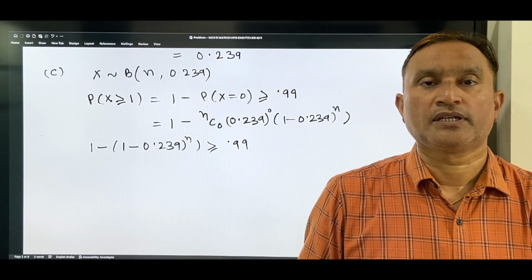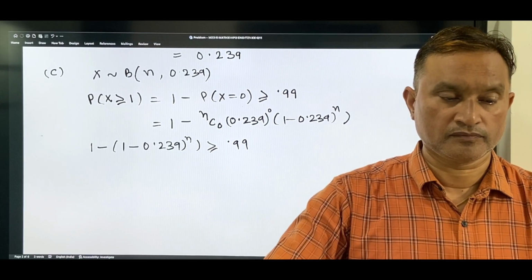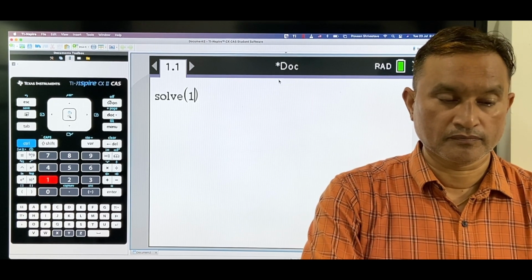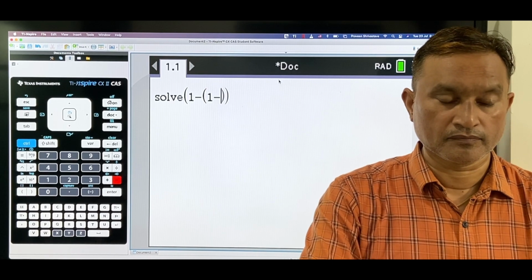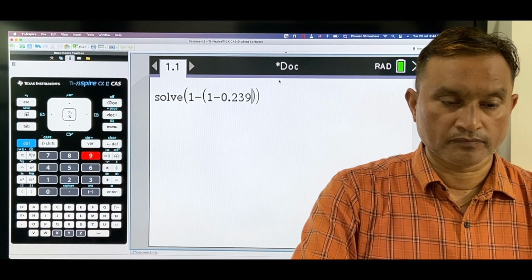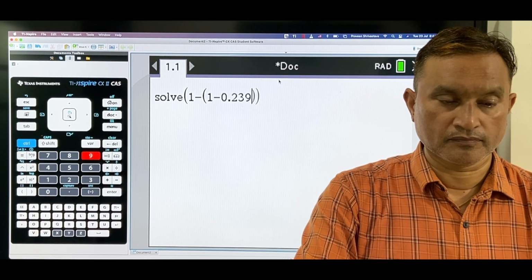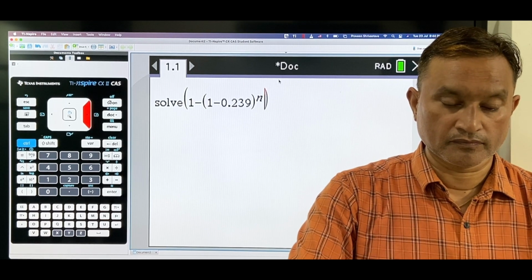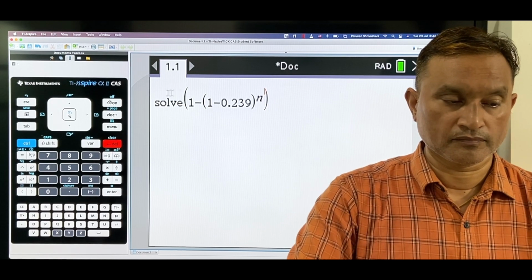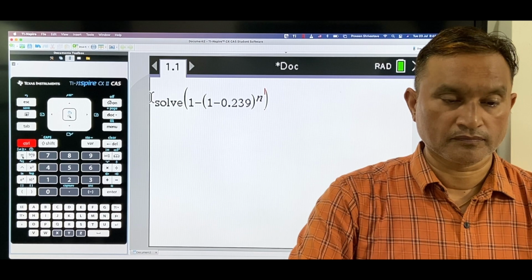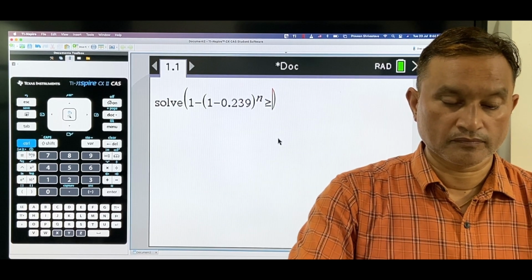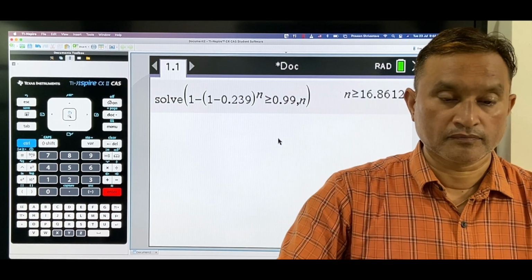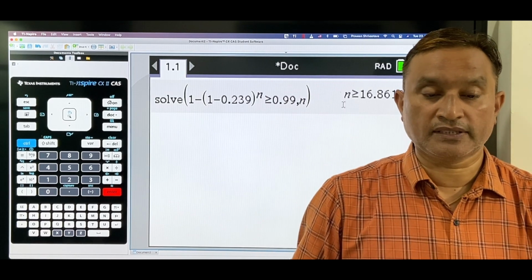Now with the help of the calculator we will find out the value of n. So the value of n as an integer would be 17 here.